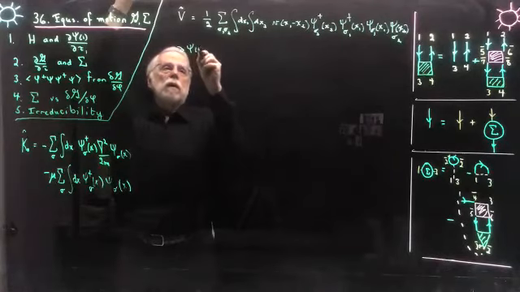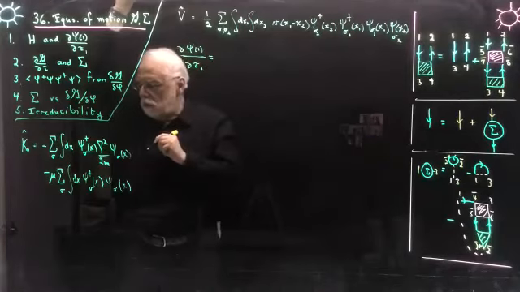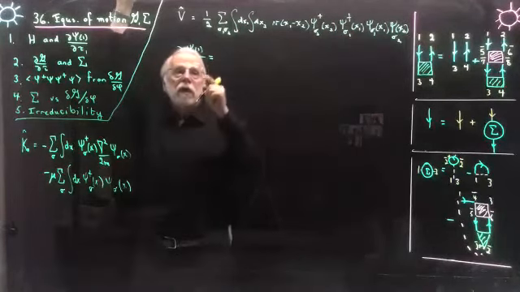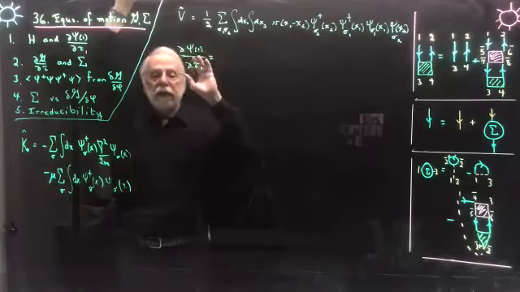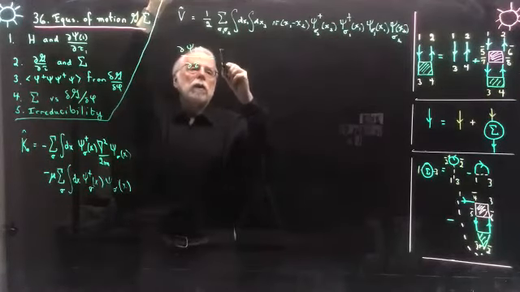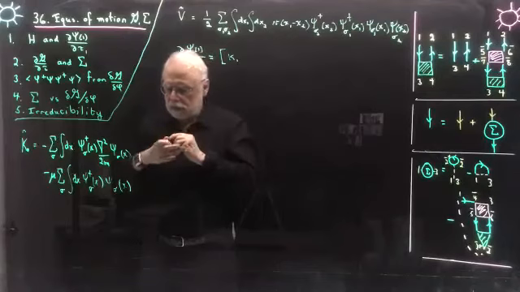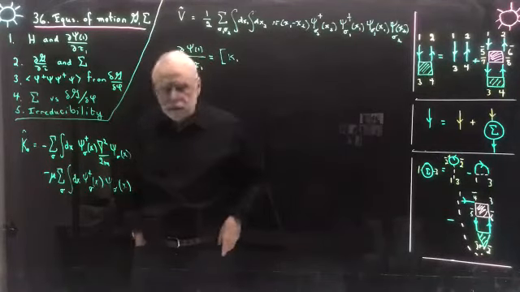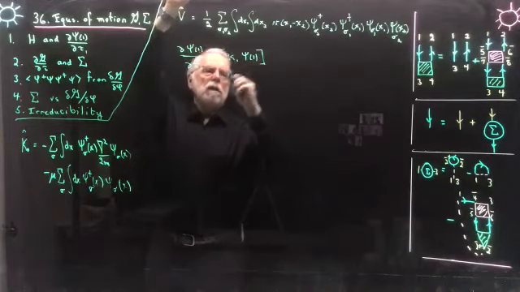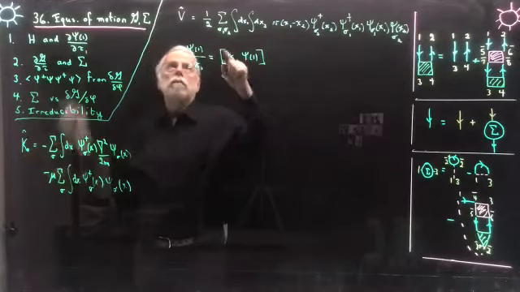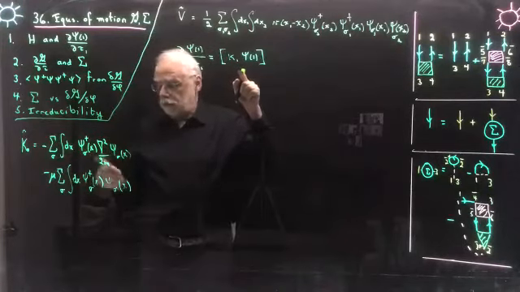So d psi 1 d tau 1 is equal to, we remember the equations of motion for psi, you add e to the k tau, e to the minus k tau, so it's equal to the commutator of K with psi 1, where K is K0 plus V. So there's an easy piece, which is this one here.